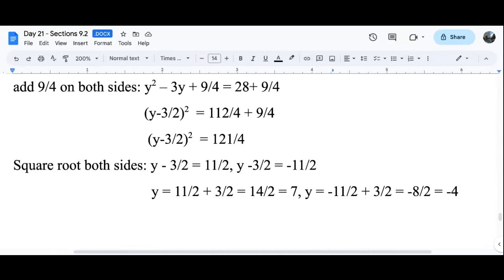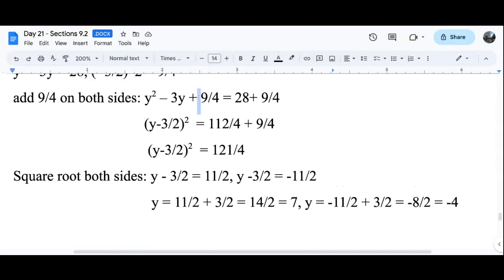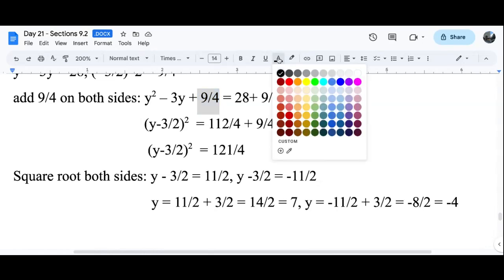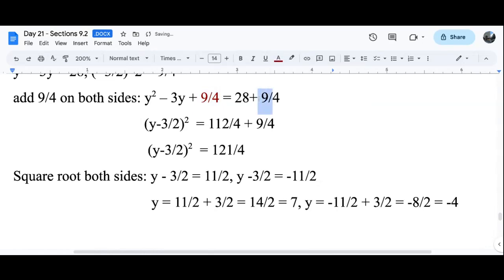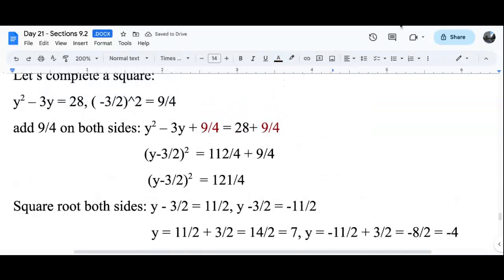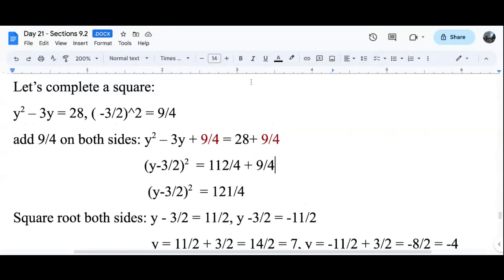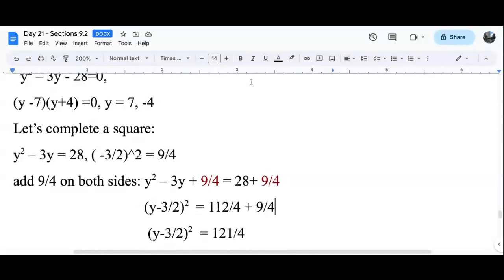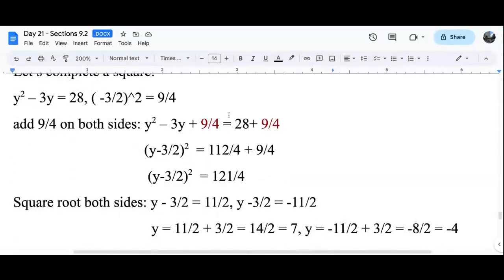Can you revisit the plus 9/4 on both sides? Sure, of course. Okay. You mean this one, right? Okay, let me ask you this. How do you complete squares for this?